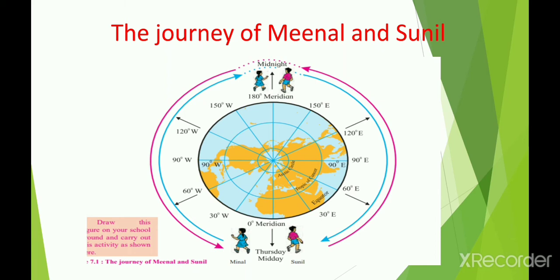Now we'll see the journey of Sunil. Sunil is moving towards the east. Therefore, the time will be ahead at different meridians. For example, when Sunil reaches 30 degree east, it will be 2 p.m., because he started the journey at the 0 degree meridian at 12 midday.